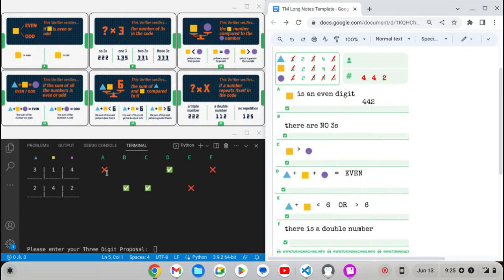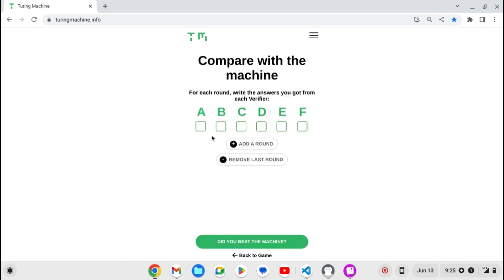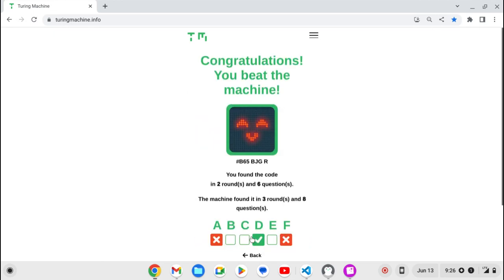So let's see, we did ADF first, and then in the second round we did BCE. Both B and C were correct, but E was not. So let's take a look. Okay, wow, fantastic. So we did it in 6 questions.